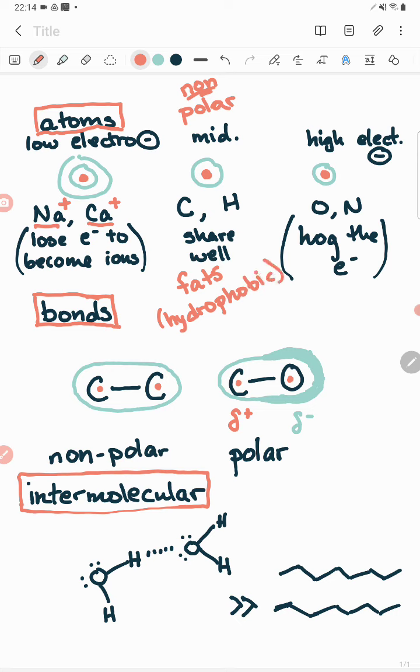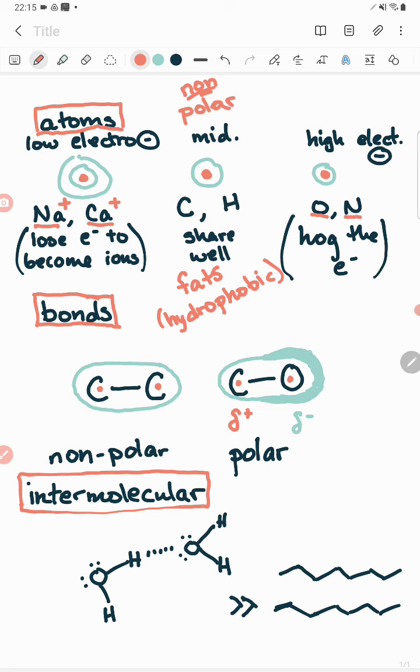When you look at those, they're going to be populated almost exclusively by carbon and hydrogens, and you'll be able to recognize them by the presence of carbon and hydrogens and the absence of the high electronegativity, electron hogging, oxygen and nitrogen. So oxygen, remember, is the most electronegative atom that we're going to be interacting with in a biological system. They love electrons, and you're going to see when they are undergoing bonds, they're going to be behaving differently.